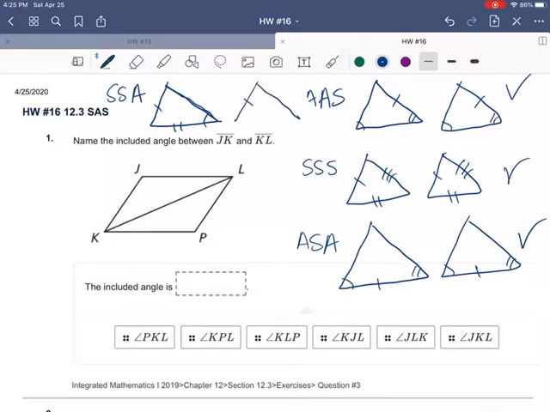Okay, I can take this side right here and move it like this. And then I've still got congruence. So side, side, angle does not work. And angle, angle, angle does not work, because you can have a triangle this size and this size that have the same angles.